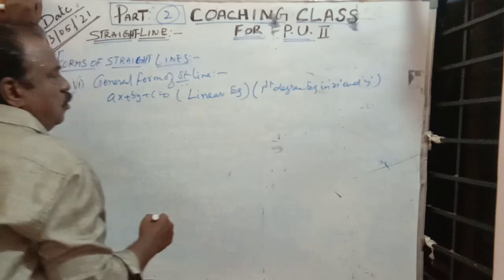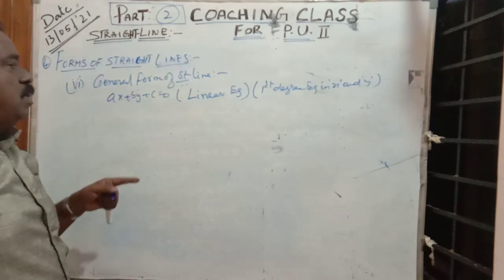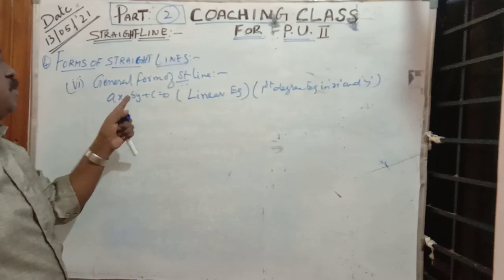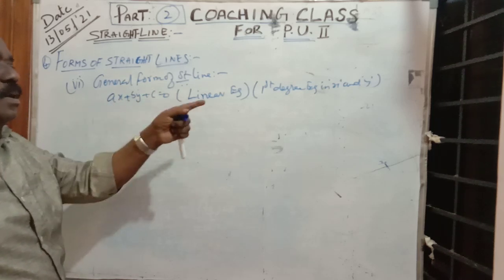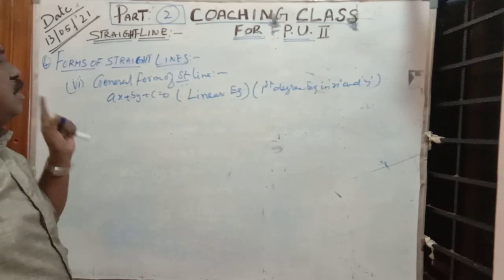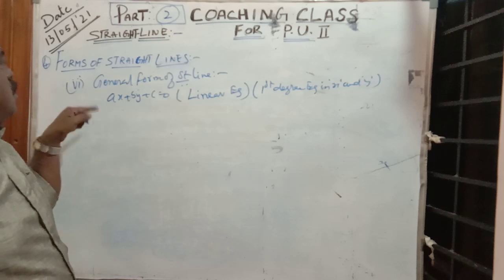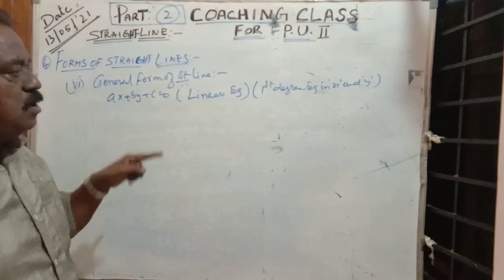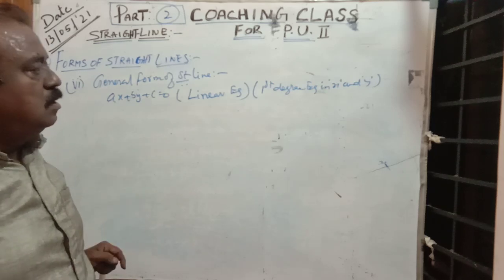In algebra it is a x power 1, b y power 1. So ax plus by plus c is a general form, a linear form, a first degree form. But it represents a straight line. Why? Because the previous 5 forms can be reduced into this form. It's a general one.